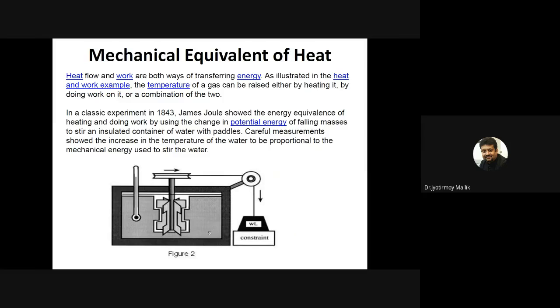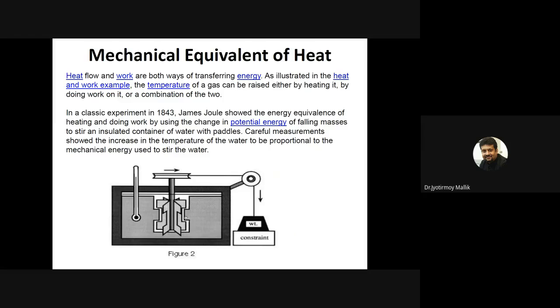So I have a liquid, for example maybe this is water, and then there is a wheel which I can rotate at any speed by putting some weight on the pulley associated with this wheel. Now I can measure the work done by measuring the weight, of course, and then I can see what happens while I am doing the work.